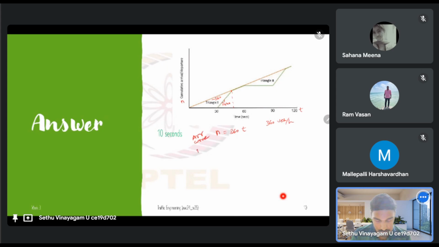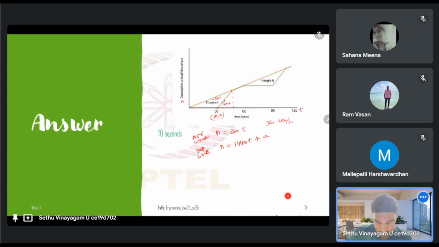So for the departure curve, what is it? Initially, for 30 seconds, the slope is 0. After 30 seconds, n is equal to 1440 t plus some constant a, right? So what is this constant a? We know one particular point on this departure curve, which is (30, 0). At time equal to 30, the number of departures is 0.